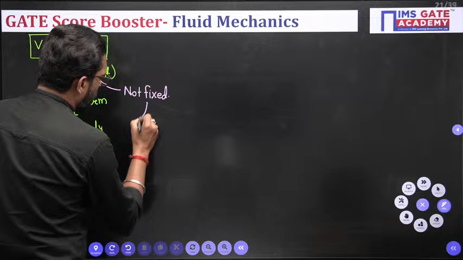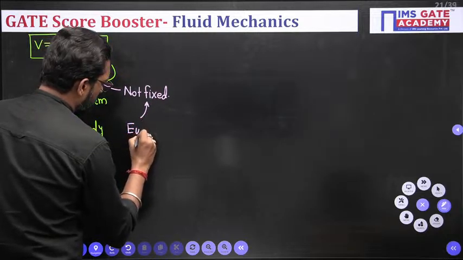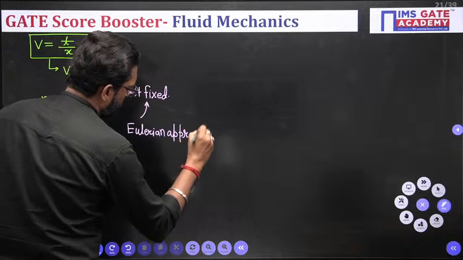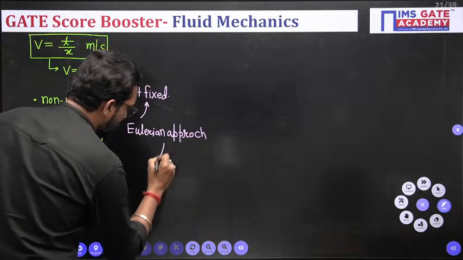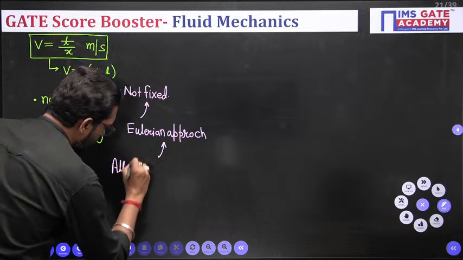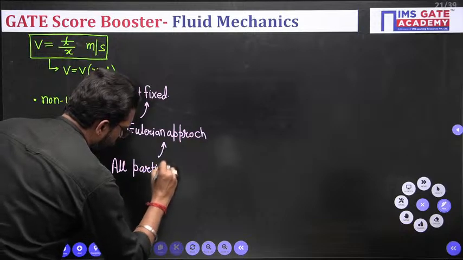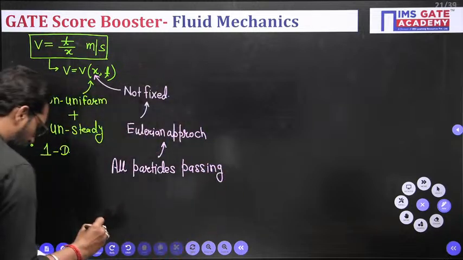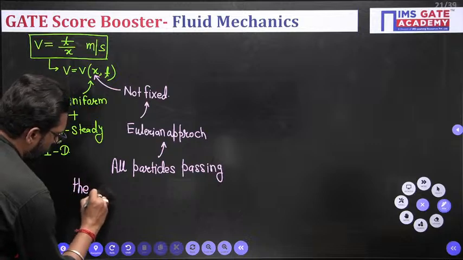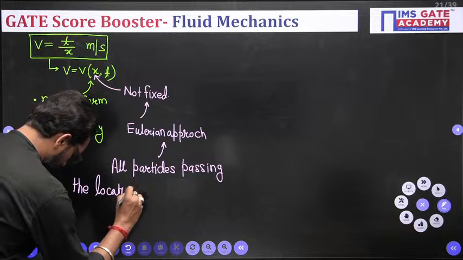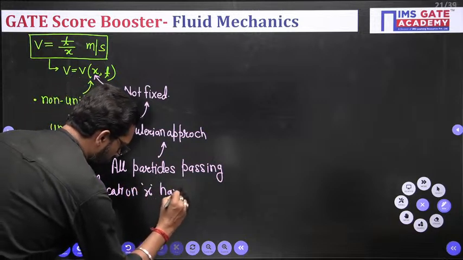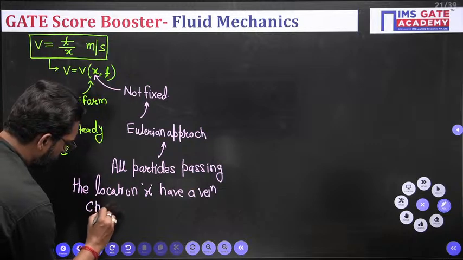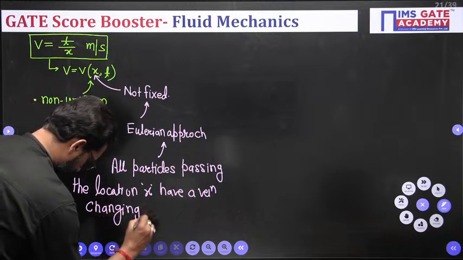So x is changing. That means Eulerian approach. What is that? Eulerian approach means all particles passing the location x have a velocity changing with time.